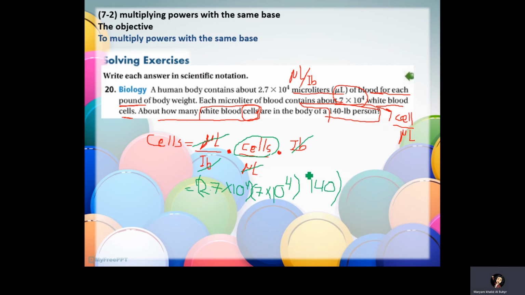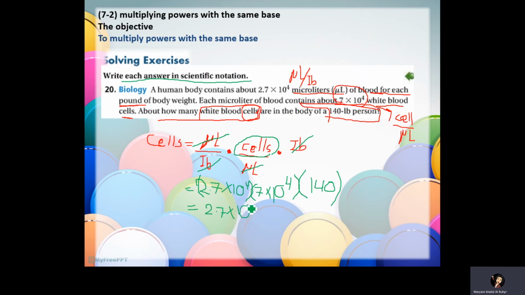Okay, did they say to use scientific notation? Yes, they said here: write the answer in scientific notation. So I must write my answer in scientific notation. I need to write this number in scientific notation, so I will rewrite the remaining expression.